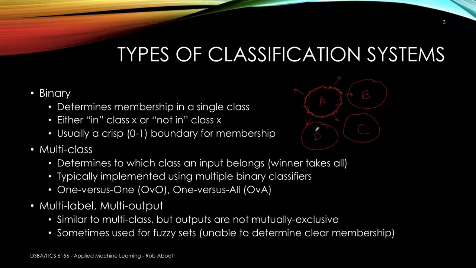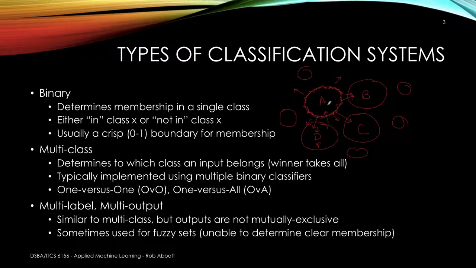So something is either in the class or it's not in the class. And by it not being in the class, that might mean that it's in one of the other classes around it, or it's out here somewhere in none of the classes.